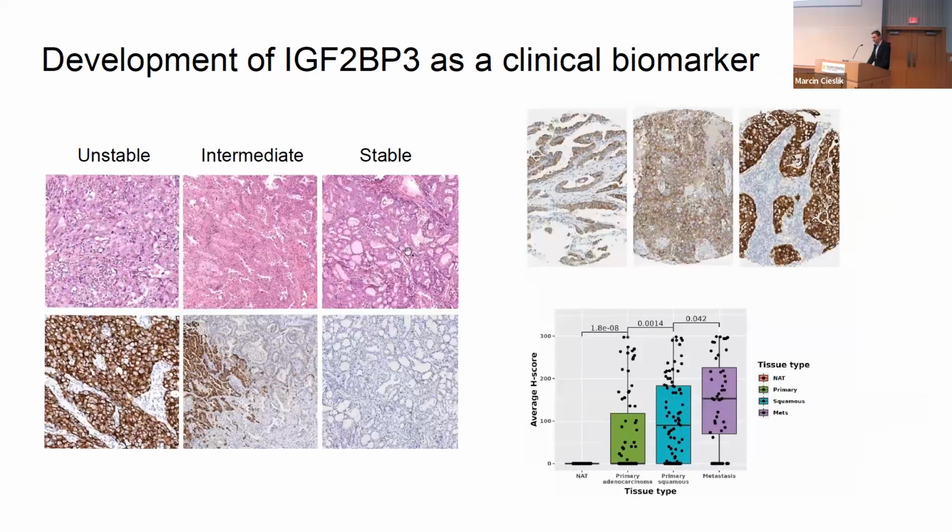And here, I'll not go into details, but Rahul, a pathologist in a Rolls lab, validated IGF-2BP3 IHC as a biomarker for lung adenocarcinoma, allowing us to distinguish through IHC between the unstable, stable, and intermediate tumors, and through scoring, was able to show that it's a very specific biomarker absent from the NATs, which are normal adjacent tumor samples, essentially normal healthy lung tissue, whereas it increases in metastasis and is even higher in primary squamous tumors.